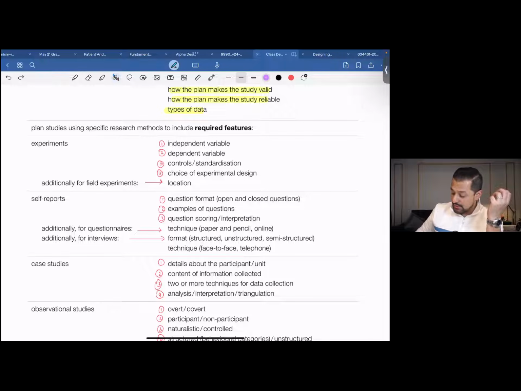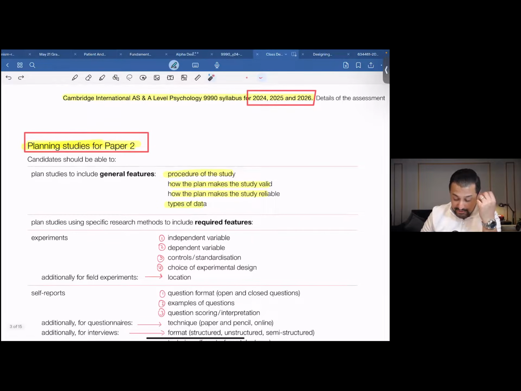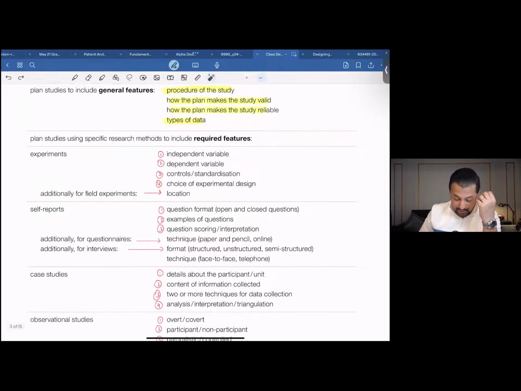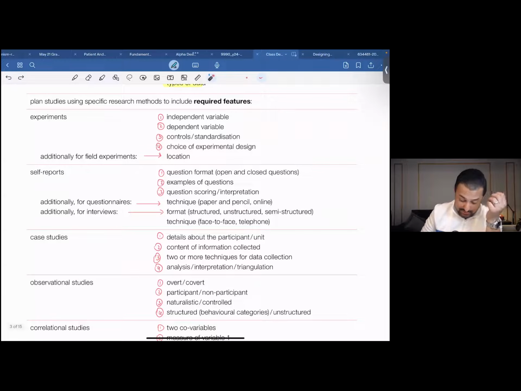Where did I pick this up from? This is available in your syllabus. You just need to be mindful and read through your syllabus carefully. Why am I mentioning this over here? Because this is legit information that has been published by Cambridge. I want you to take this bit seriously as well. These are the features that the examiner wants you to know and to demonstrate while writing your answer.